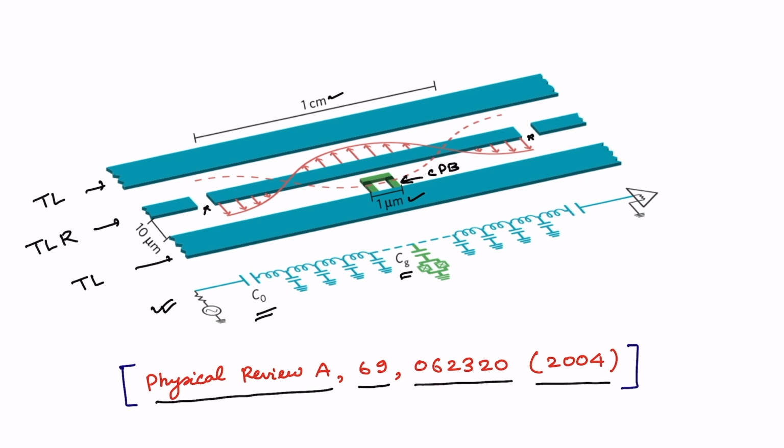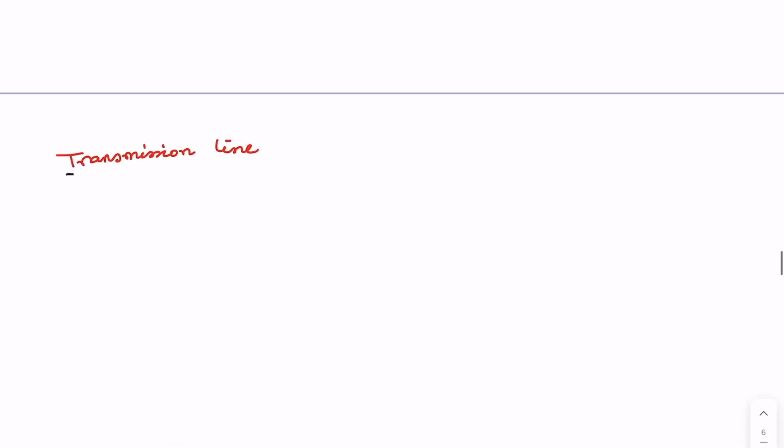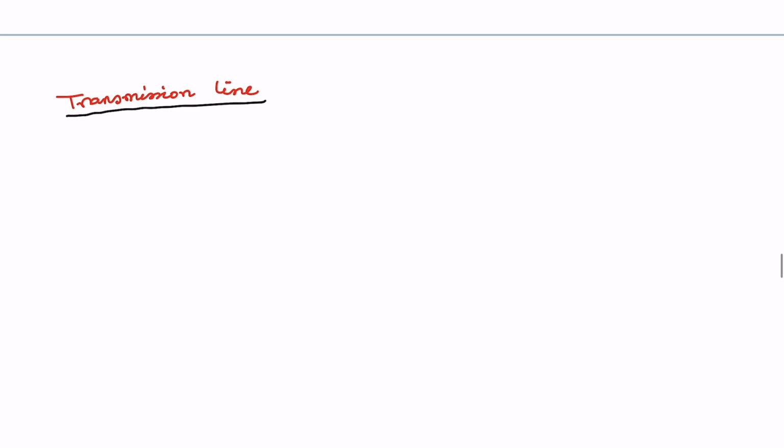Now let me talk briefly about transmission line, as it may help you to give a clearer understanding. What is a transmission line? To put it very simply, a transmission line is a set of two parallel metallic wires placed close to one another.